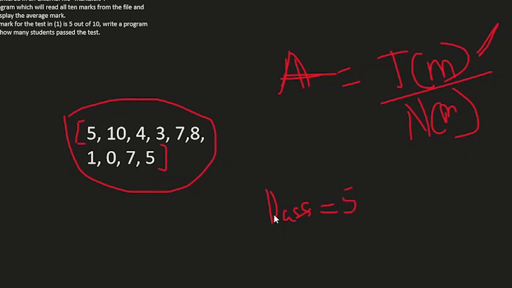That means anything below 5 is a fail. Let's say X is lesser than 5 is a fail. Pass is X is greater than 5. So anything above 5 is a pass, anything below 5 is a fail.